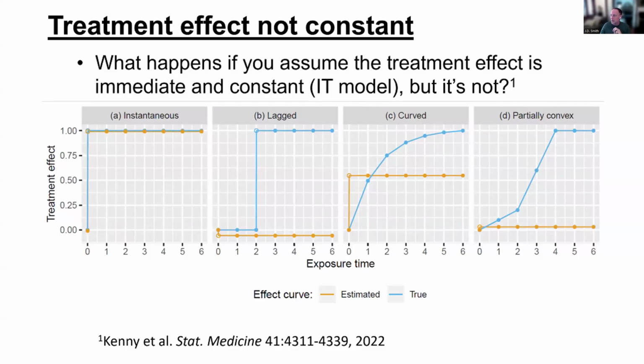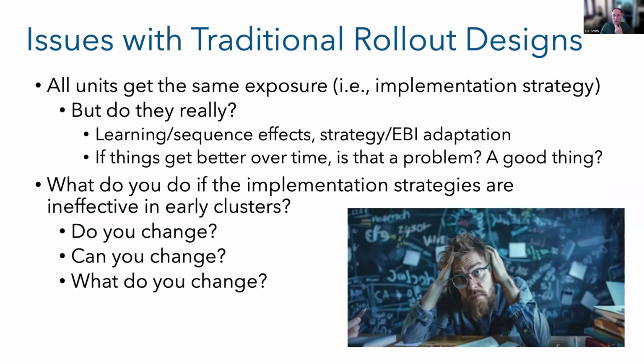Okay, getting off of the statistical stuff. What are some issues with traditional rollout designs for some scenarios in implementation science? The assumption, especially in a stepped wedge, and typically true for any of these other rollout designs where you're going to be combining all of the data from the different phases, the implementation phase, the sustainment phase, et cetera, is that you really have to ensure that all units get more or less the same exposure.